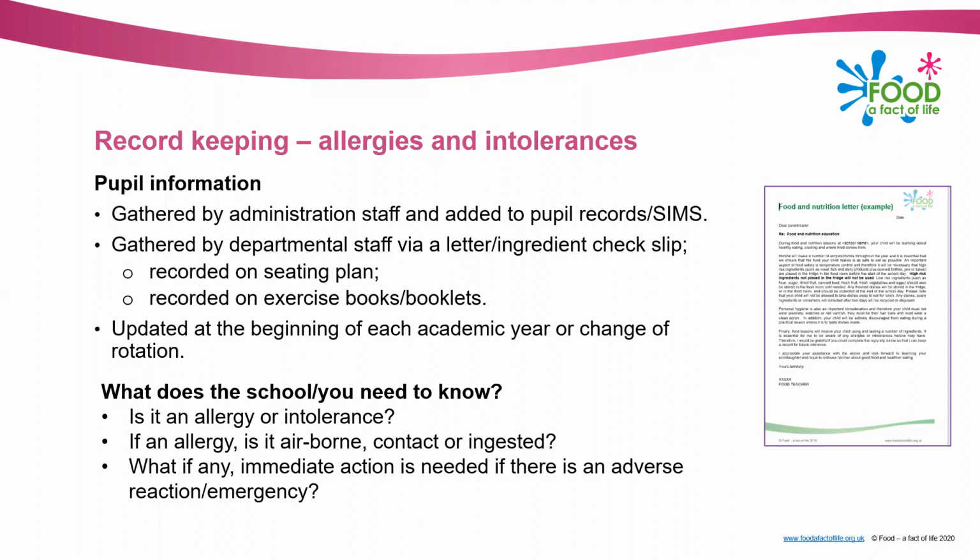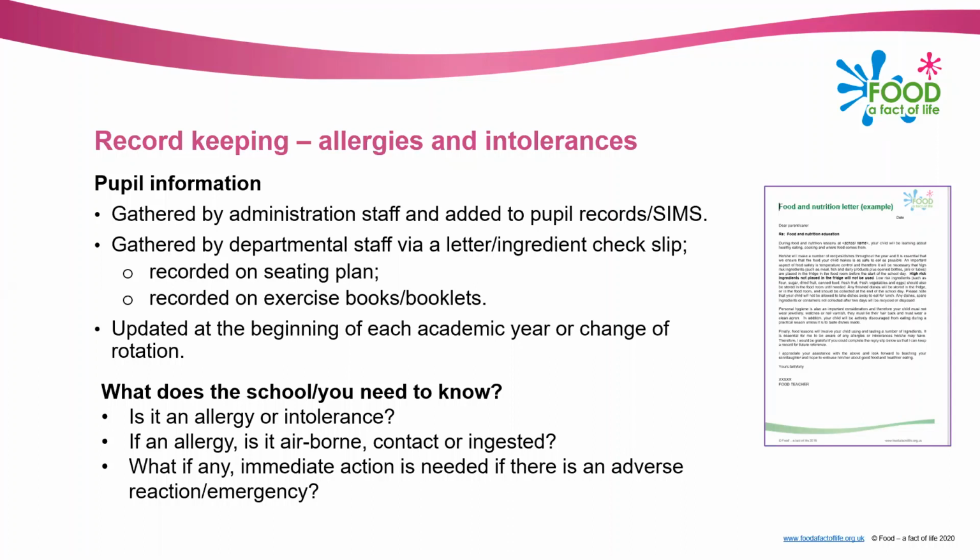And I then actually kept a note as well in my records. And then I could also cross-refer to what I had to what was on SIMS to make sure we both had the same information. And then with the information, I recorded it on my seating plan. So that's actually where the pupils are going to be sitting down for theory lessons, but also if they're going to be working in a practical area, actually identifying which pupil has an allergy, and then making sure that you can control that environment for them.